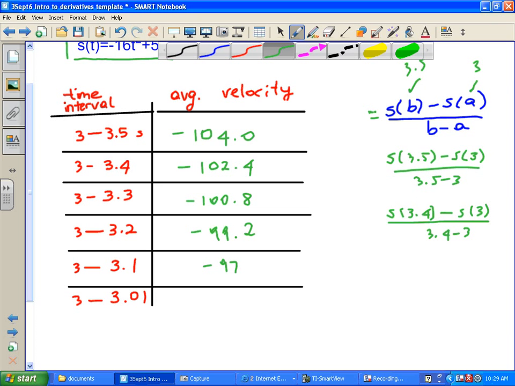Negative 97.6. Thank you. And the last group, did we get anything? Good. Negative 96 point something. Points what? Exactly 96. Okay.